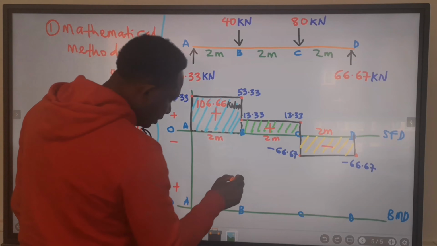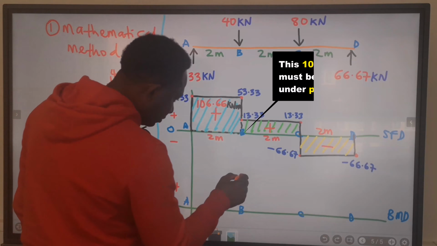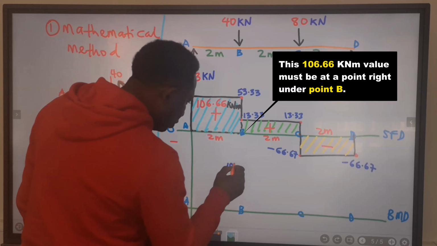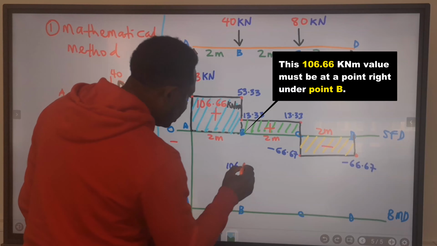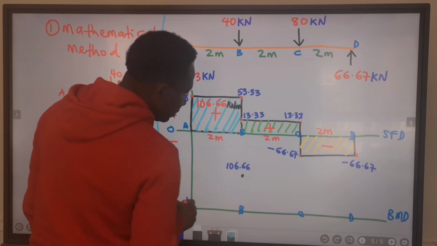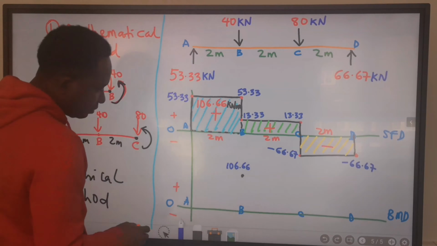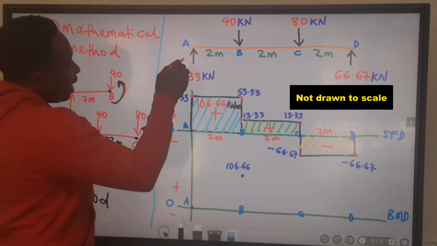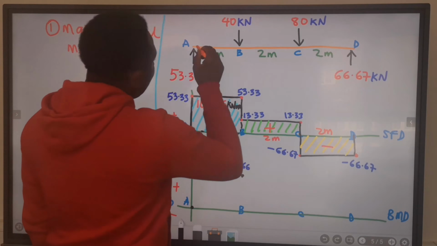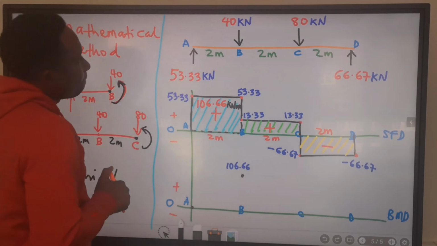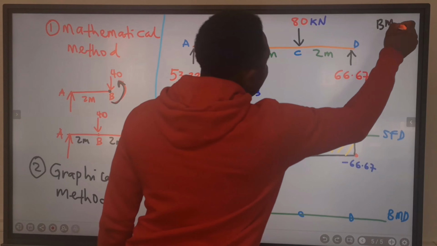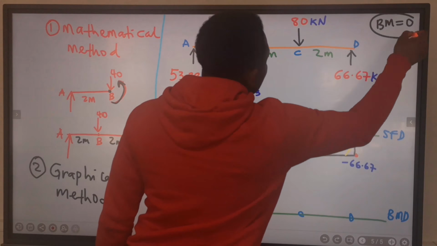Let's assume that this point is 106.66. This is our assumption. And this point is 0. At the end of a beam, the bending moment is 0.